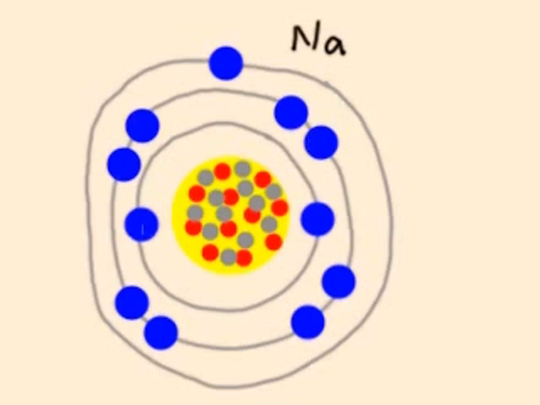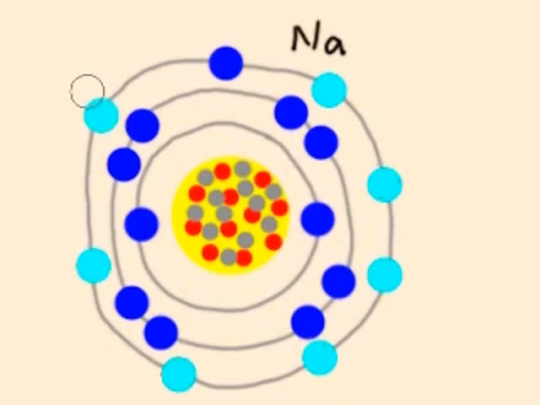The third energy level has 1 electron, so completely full would be 8, and that would look like this. So add 7 more. 1, 2, 3, 4, 5, 6, 7. Now the third energy level is happy.